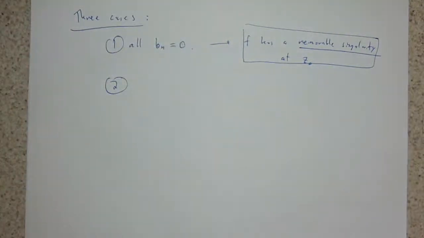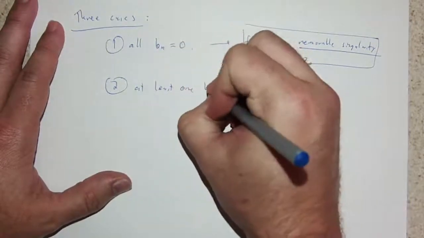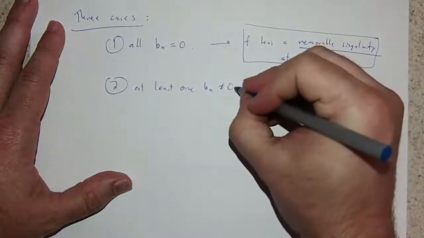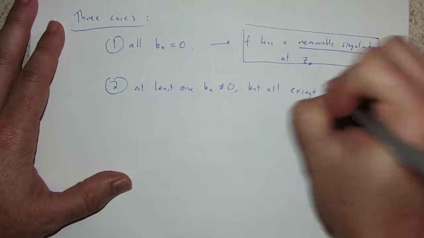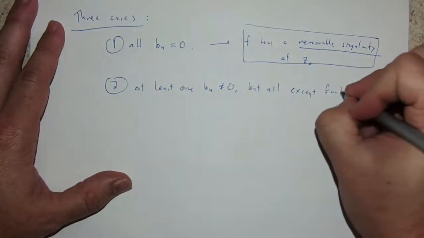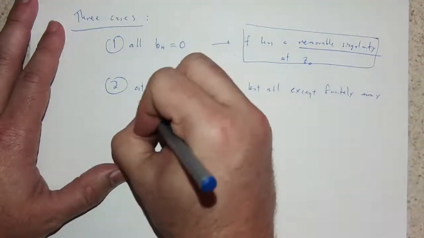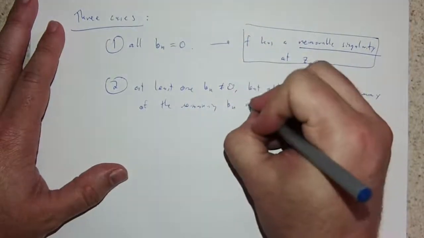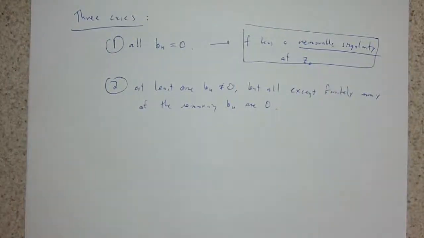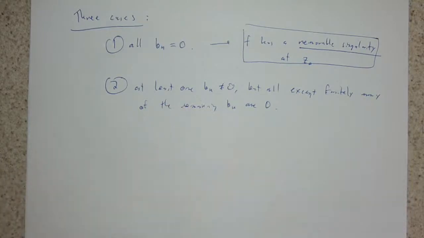The second case is that at least one b sub n is not 0, but all except finitely many of the remaining b sub n are 0. So we have at least one that's guaranteed to be non-zero.